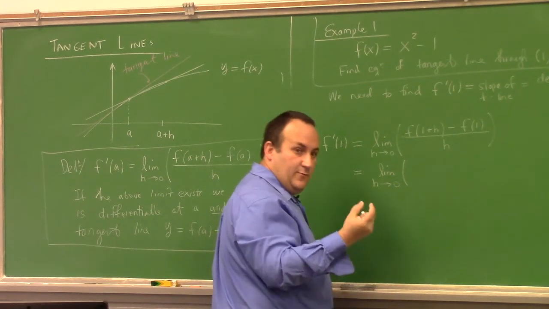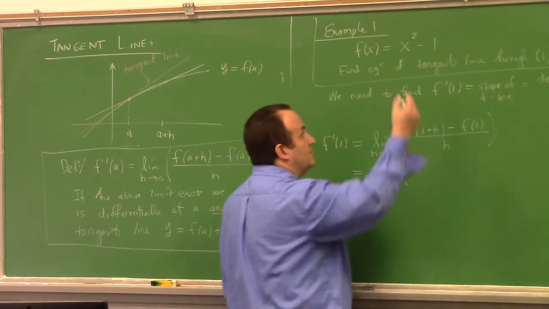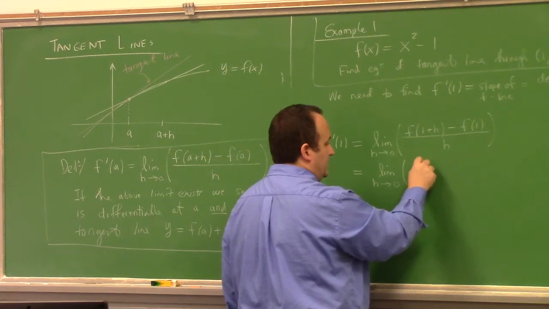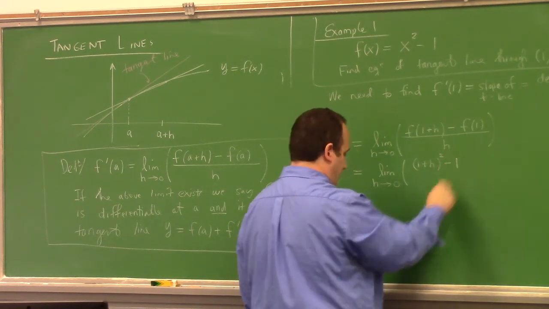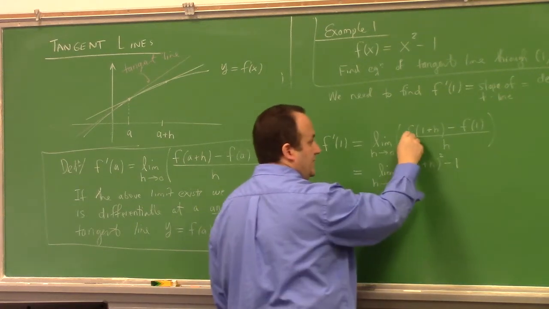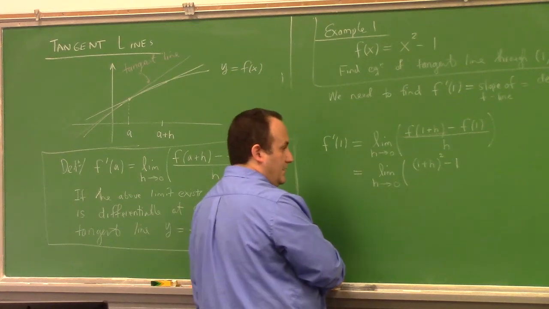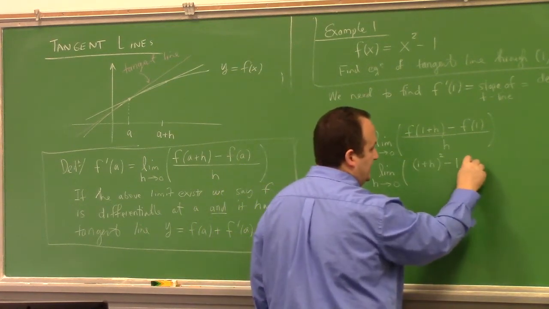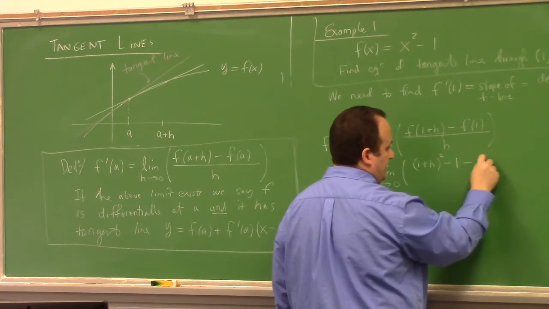I have to put in 1 plus h in the place of x. 1 plus h quantity squared minus 1. That is this piece right here. And then I have to do minus f of 1, which was, we just talked about it, 0, right?